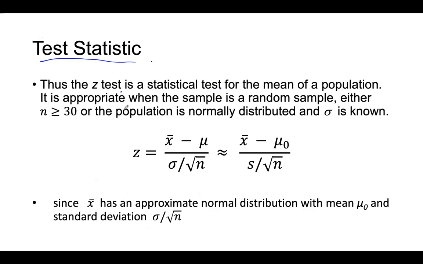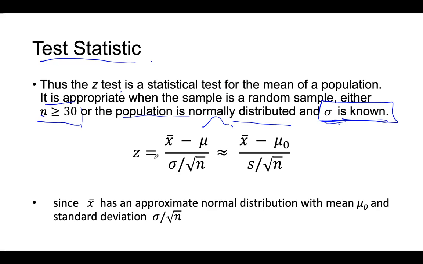It's important when the sample is a random sample, and either n is greater than or equal to 30, or the population is normally distributed. As long as it's normally distributed, that's okay too. And that sigma is known. Again, sigma has to be known in this case.